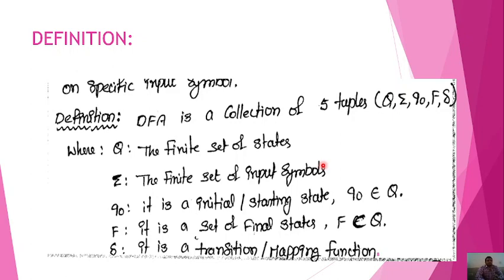Here capital Q is the finite set of states, that means all possible states, sigma is the input alphabet, Q naught is the initial state, and F is the set of final states. That means more than one final state is also allowed in a deterministic finite automata, and delta is the mapping function or transition function. These are the details about deterministic finite automata.